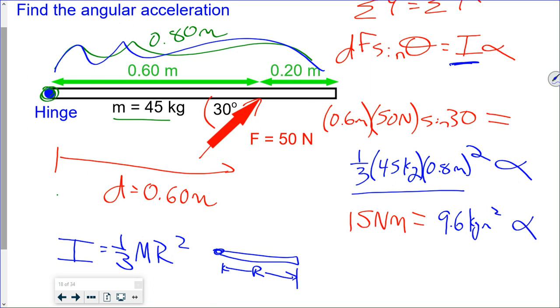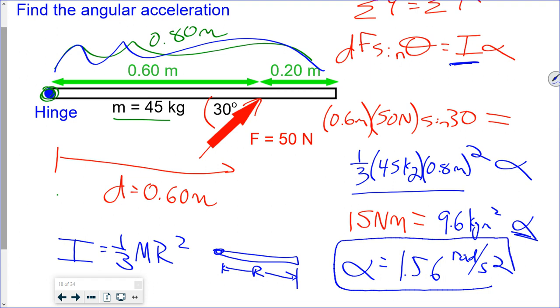Then you divide both sides by 9.6, and you'll discover that your alpha is 1.56. Everything cancels here except for seconds squared. Where the radians come from is one of those things, if you really want to know, I can walk you through the math on it. But radians is sometimes one of those units that randomly appears and disappears conveniently. Mathematically, you end up getting 1.56 radians per second squared.